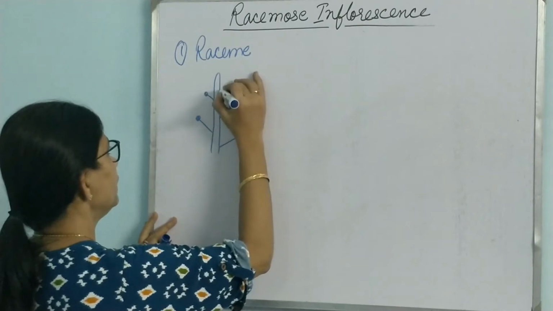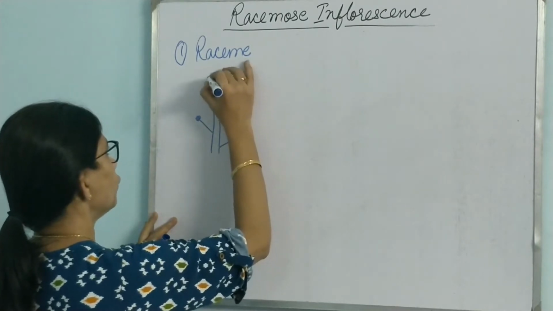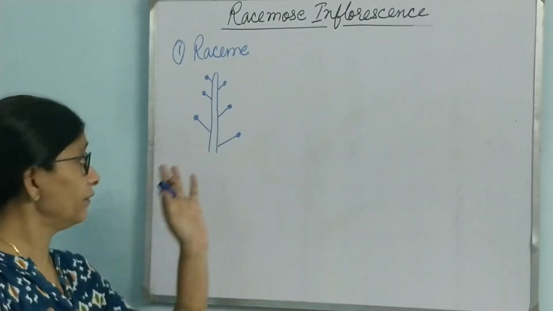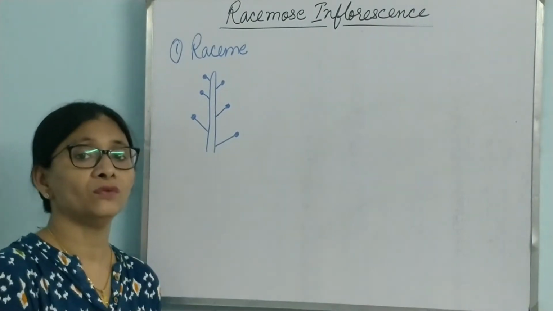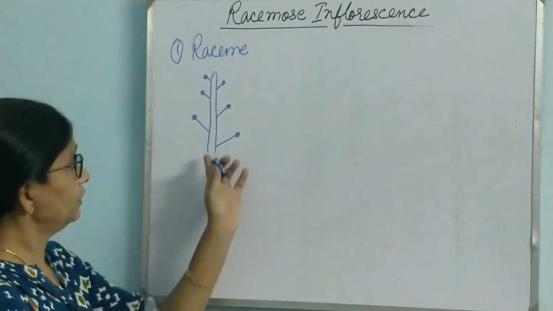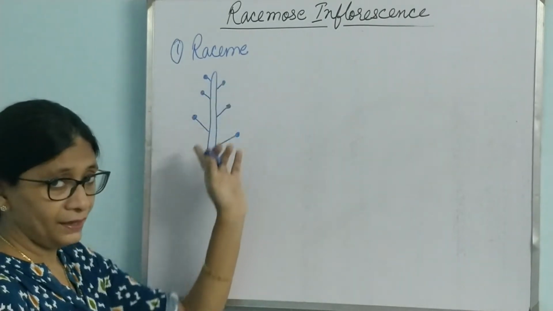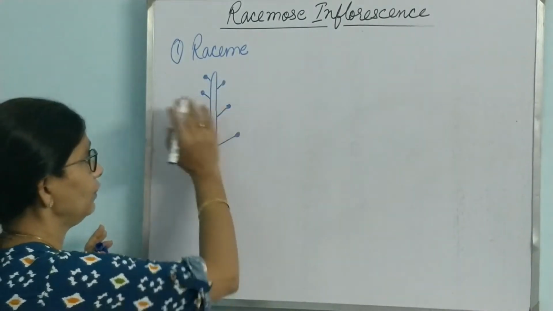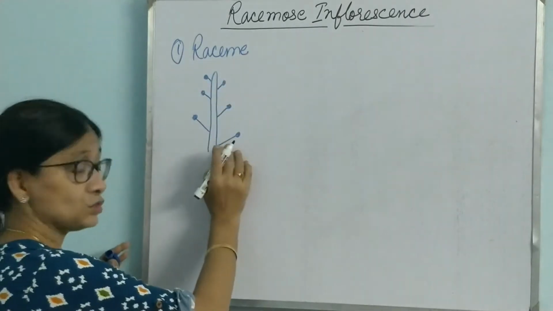So it's a typical racemose inflorescence. Raceme is known as the blueprint of racemose inflorescence.